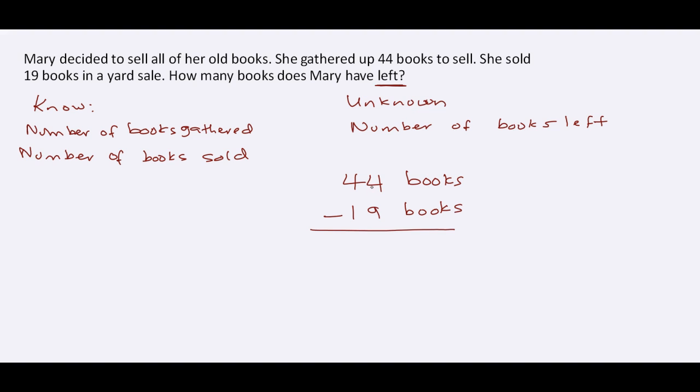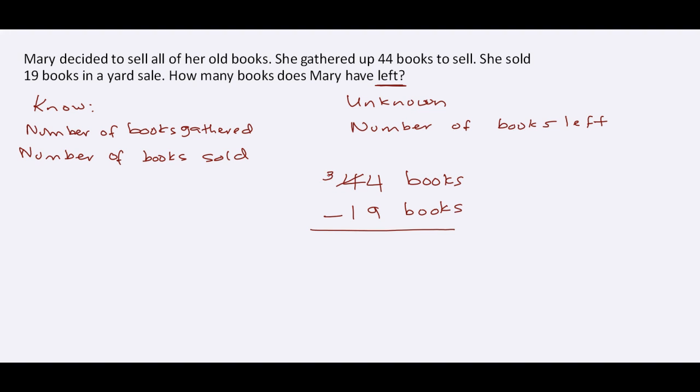So we start from the right hand side. 4 minus 9, we can't really do that. So we're going to go to the neighbor on the left hand side and beg for 1. So borrow 1 from that neighbor.